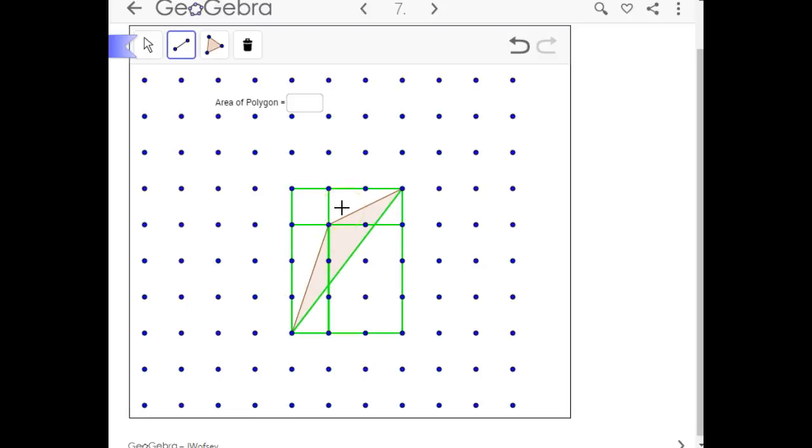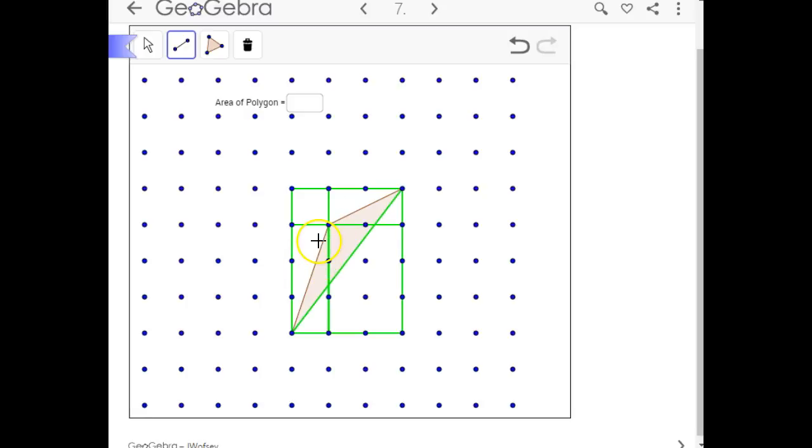And now I'm going to start to subtract. I can subtract this square, so that's 1. And then I'm looking at this area here, this triangle, and if I make that into a rectangle, that's 2, and I'm going to take away half of that, so that would be 1, another 1.